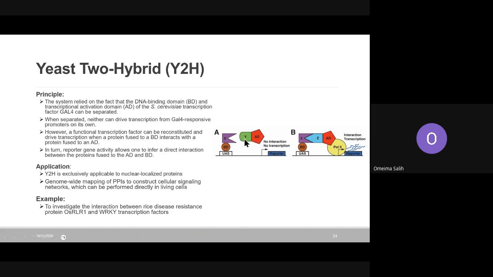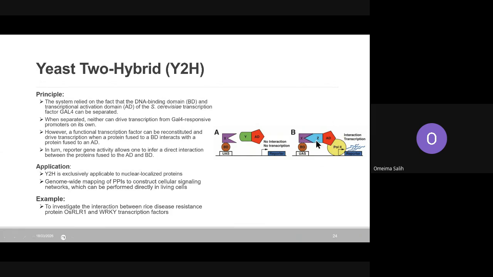Because the interaction has to take place to activate the RNA polymerase enzyme to transcribe the reporter gene. So in turn, the reporter gene activity allows detection of the interaction between the proteins.